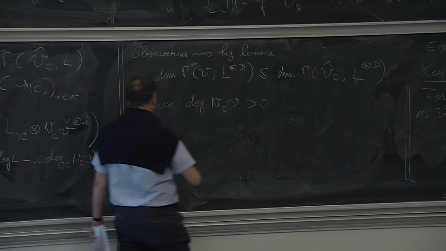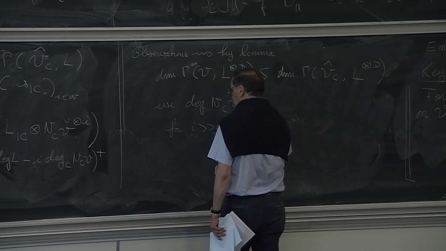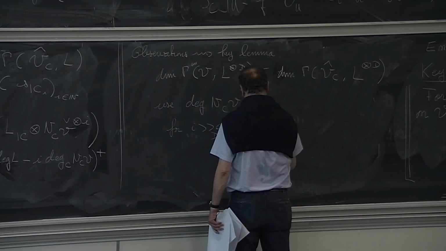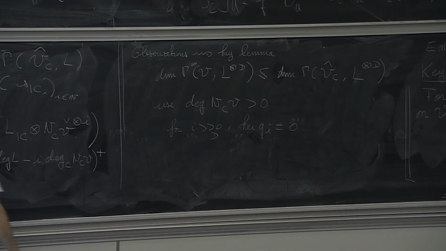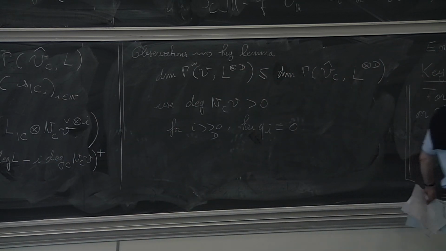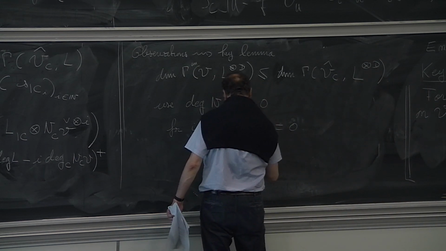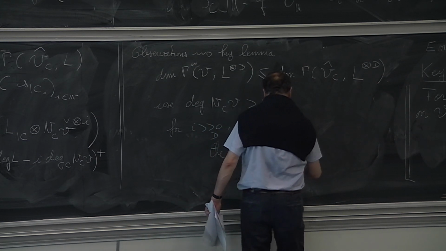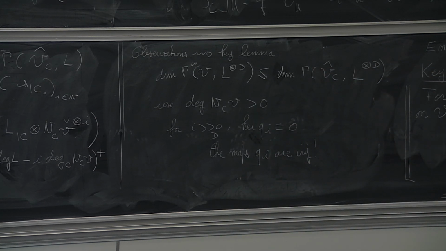So for i large enough, depending on D, the kernel of Qi is 0. So it means that all the maps Qi are injective.